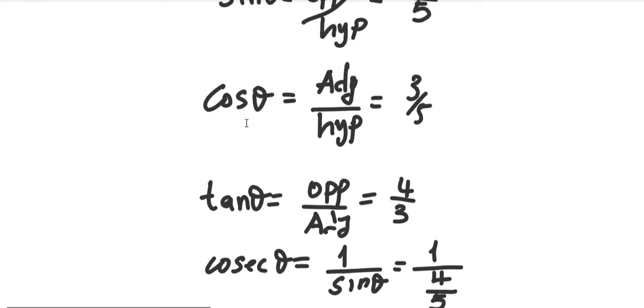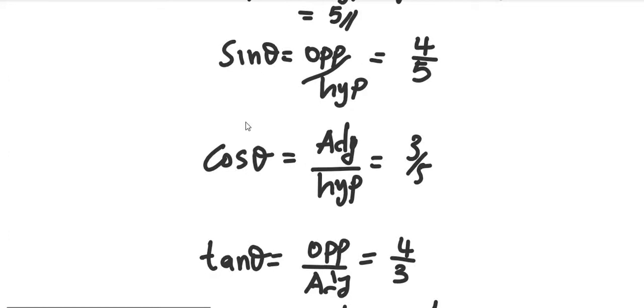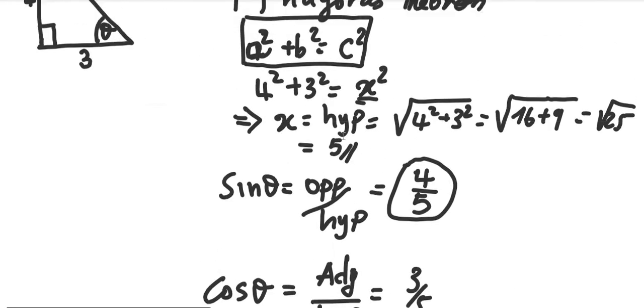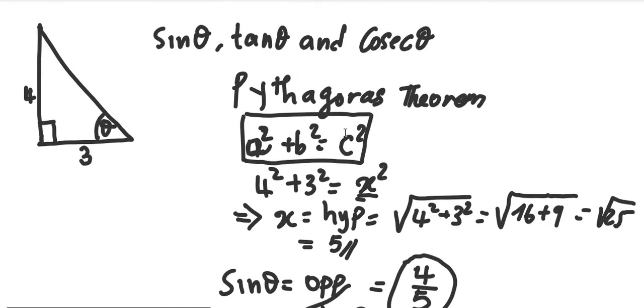Since our sine theta is equal to 4 divided by 5, for the cosec theta we will obtain 5 divided by 4. So this was an exercise to show you how to use the Pythagoras theorem and these trigonometric functions. They are very important, very, very important.